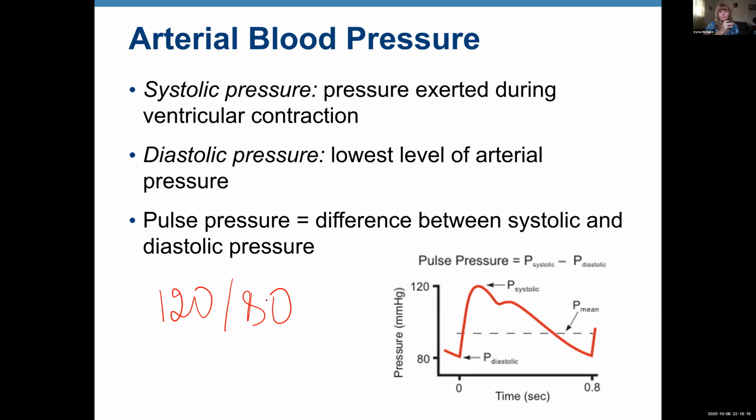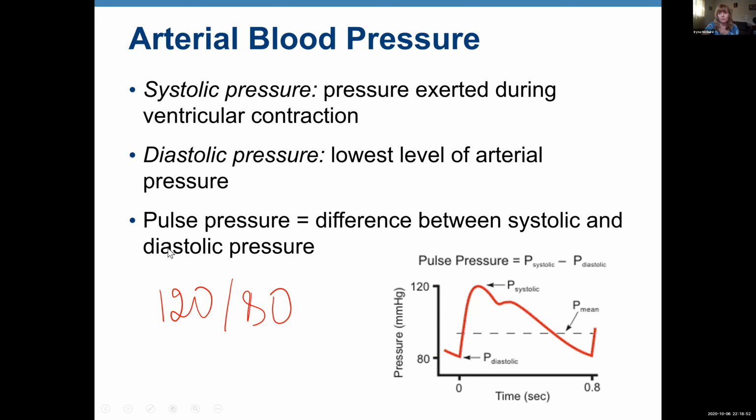We only have these double numbers, systolic and diastolic pressure, in large arteries. When we get to arterioles and capillaries, we don't have systolic and diastolic pressure. We just have one number, and we even call it differently. We will cover it in this chapter, but right now, arterial blood pressure in large arteries is represented by systolic and diastolic pressure.